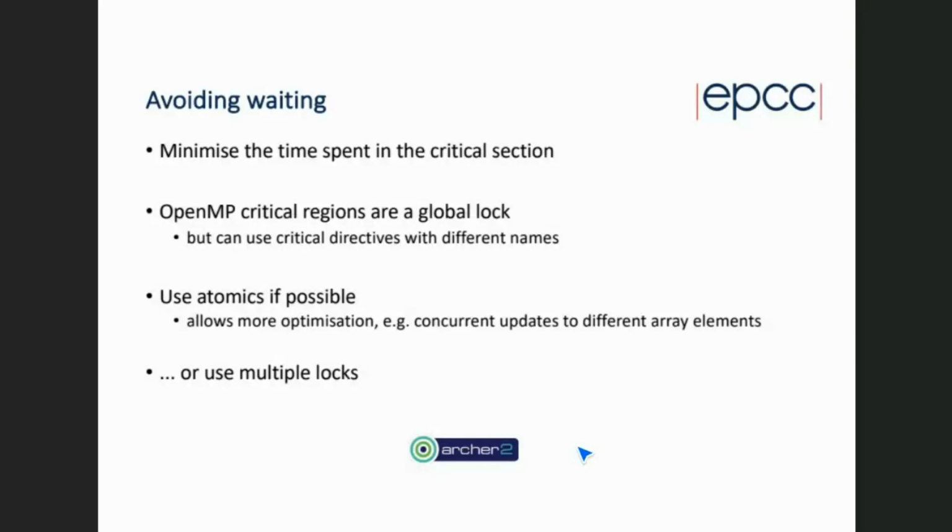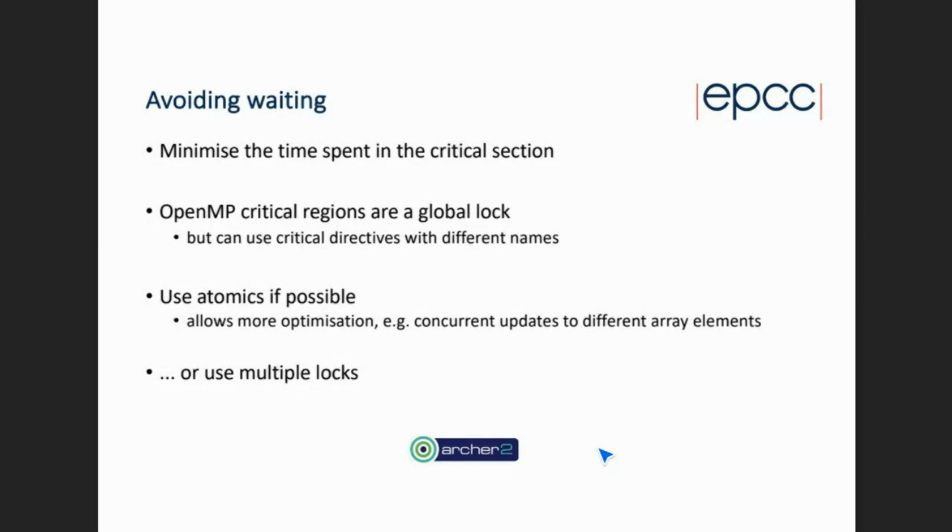What can you do about it? Well, you can try and minimize the time spent in the critical section. You can try to really work hard to optimize the code that's in the critical section, remove anything that's not needed, and work to make it execute as fast as possible. OpenMP critical regions are really just a syntactic convenience for a global lock.